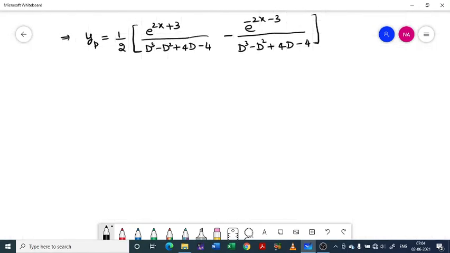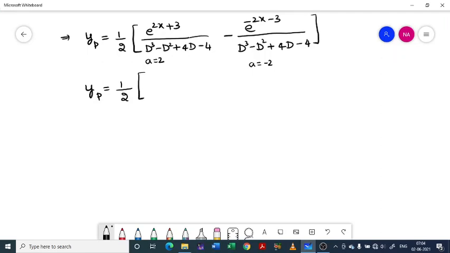Now yp equal to, see, in this term a is 2 and in this term a is minus 2. Those are the observations you have to make. So now here you have to replace d by 2, and here d by minus 2.